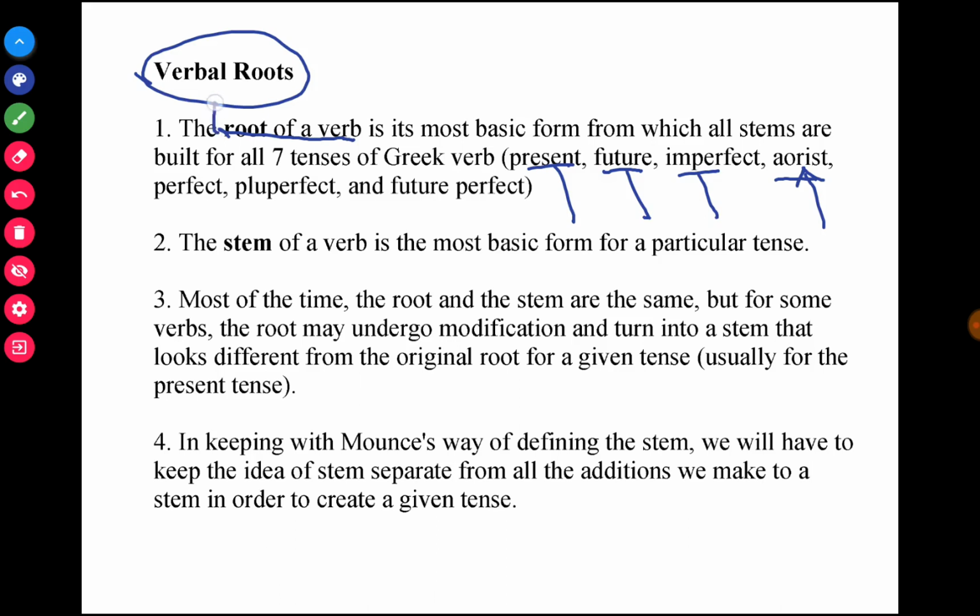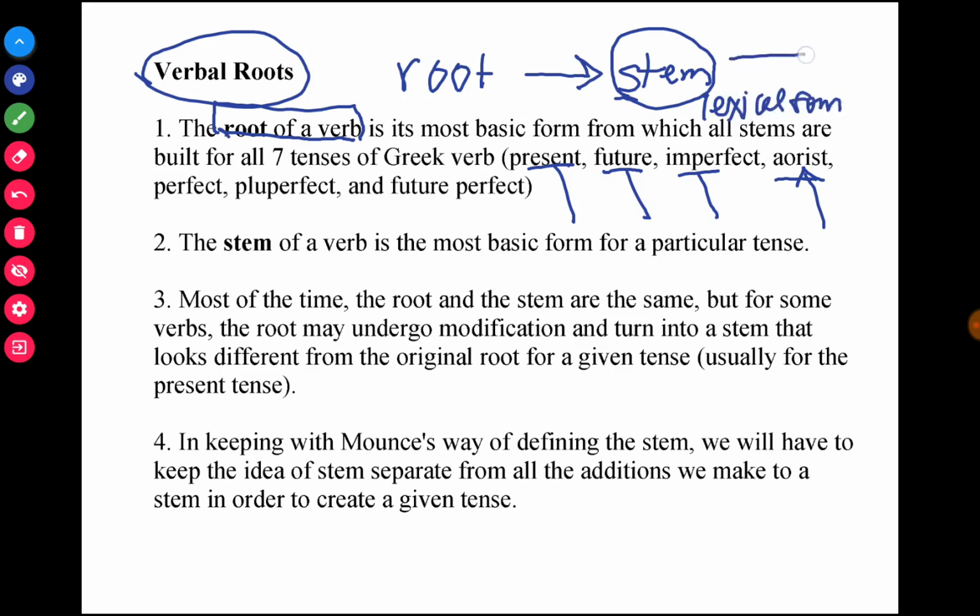And the verbal root is our starting point for how we form the forms of the verb in all these tenses. If I were to describe the process, we first begin with the root. The root becomes the basis of the stem, and we often see this stem in what we call the lexical form.